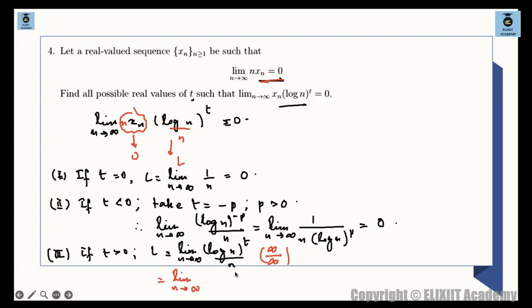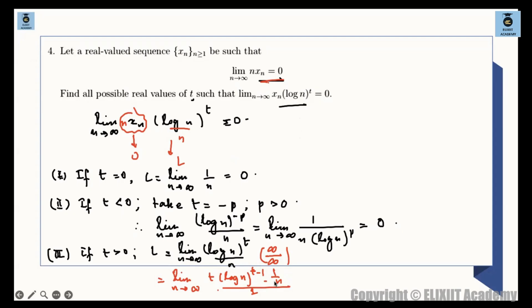First time t will come down, log of n whole raised to the power of t minus 1, multiplied by the differentiation of log n, which is 1 by n. Below, we have n, and differentiating n with respect to n gives 1 only.